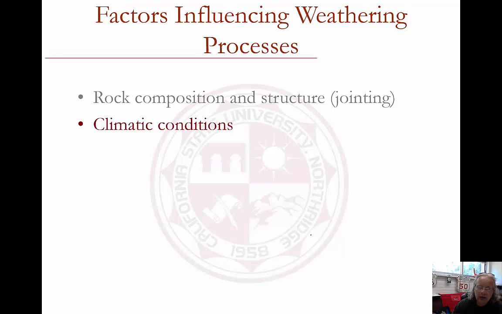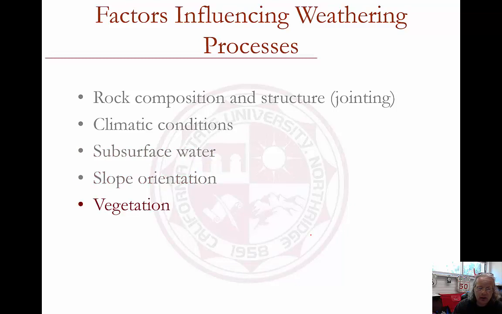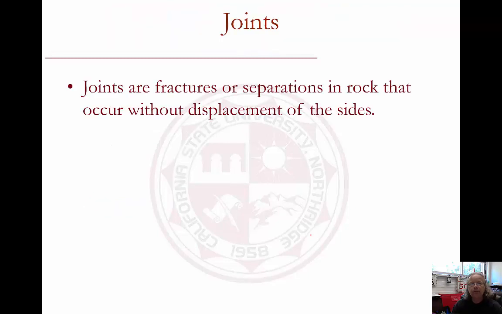Hot and rainy breaks down rocks much faster than cold and dry. How much water is either at the surface or underneath the surface? Where is the rock? Is it on a hillside or is it on a flat plain? What kind of vegetation is around? Because vegetation helps break down rock into soil as well.